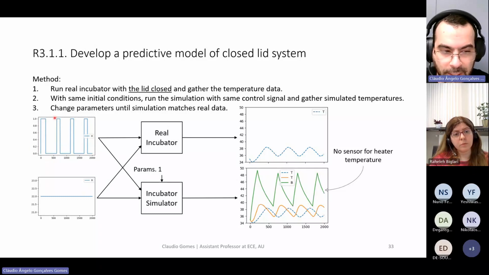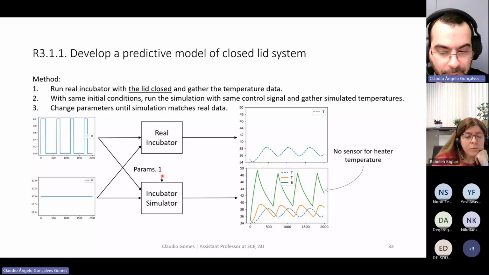We fix a particular heater on and off signal. We run it through the real incubator. We collect the data with a closed lid. We run the same signal, and there's a room temperature signal as well, through the simulator with the same initial conditions, and we start with some guess of the parameters.